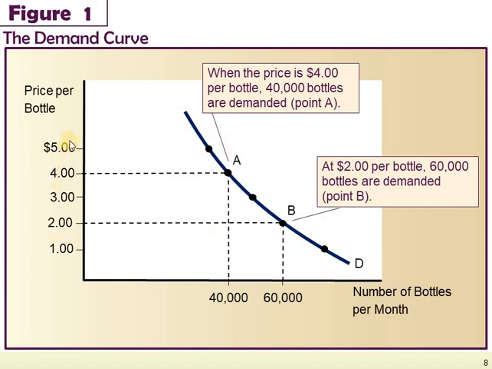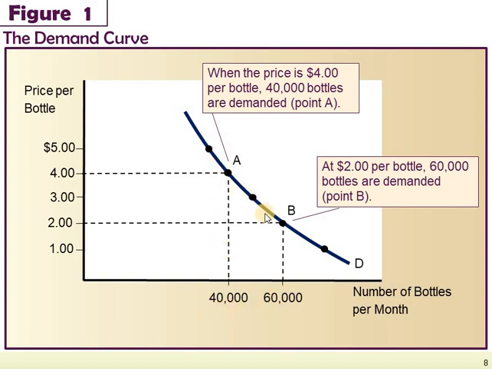So, as you can see, in our y-axis, we have here the prices. In our x-axis, we have here the number of bottles per month. Kung mapapansin ninyo, with our schedule A, nung $4 po yung price niya, ang naging demand niya ay 40,000 bottles.